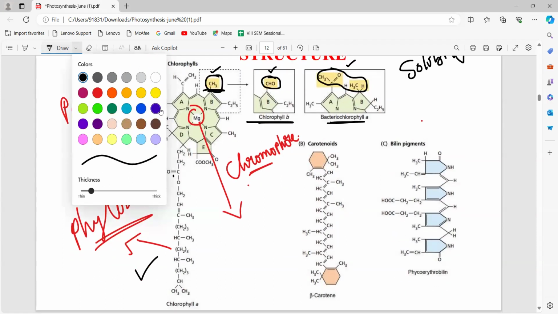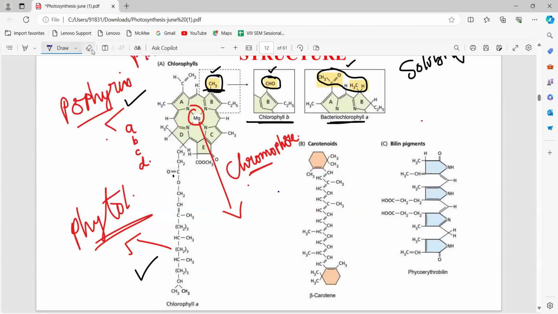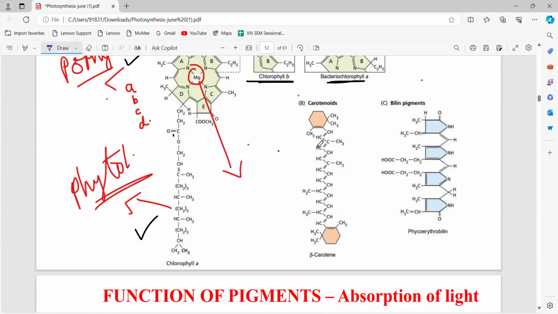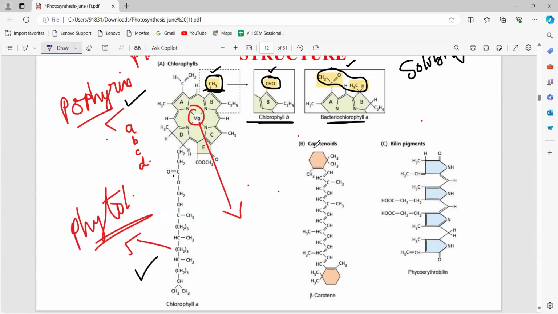Now the next and very important simple structure, that is the carotenoid. Friends, how can carotenoids be different from each other? That's a very important statement. All the students focus on my words. Carotenoids differ from chlorophylls especially based on their structure, which is called an isoprene structure. What is the meaning of an isoprene structure?